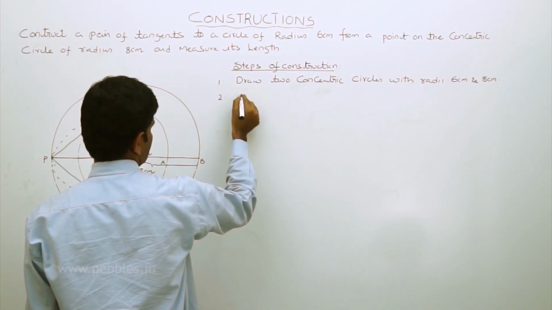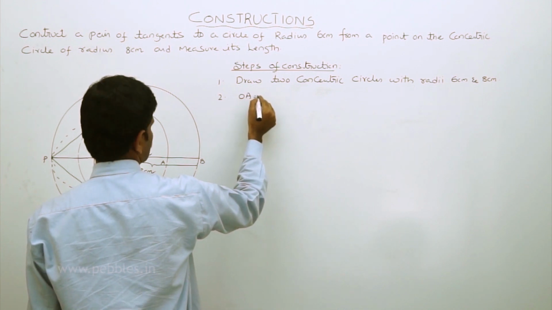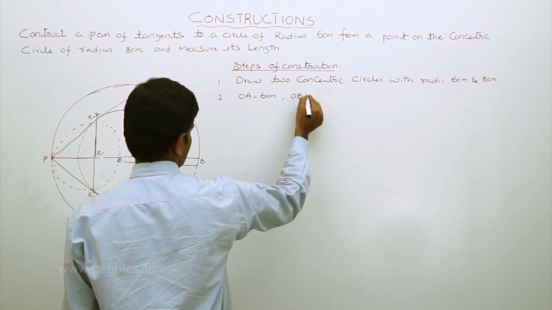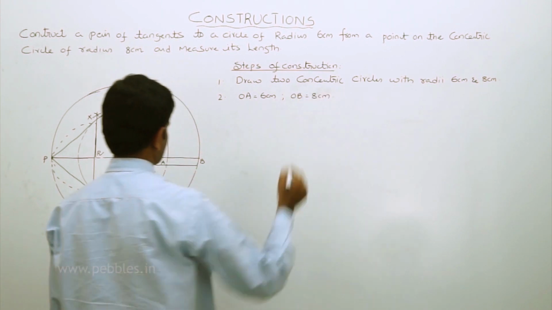That is OA is equal to 6 centimeters, OB is equal to 8 centimeters.